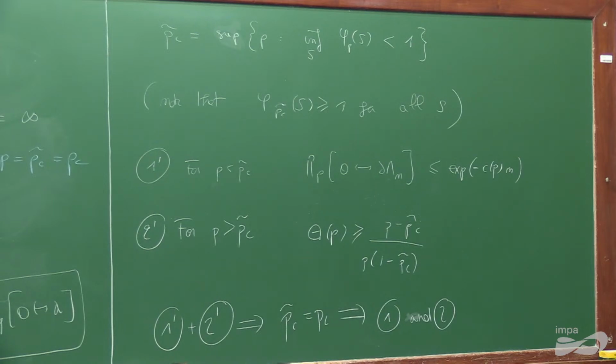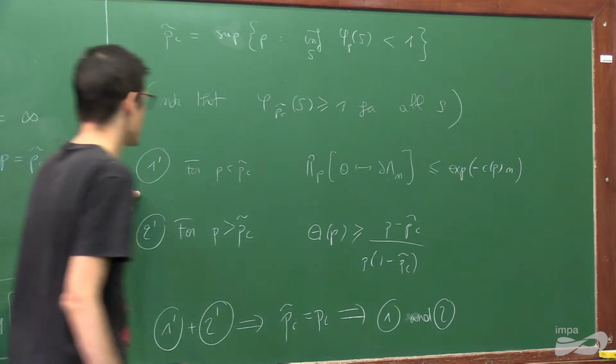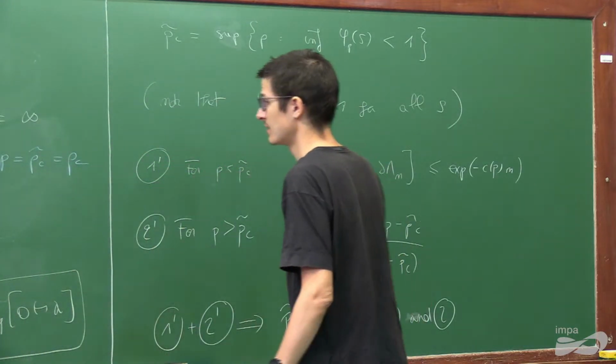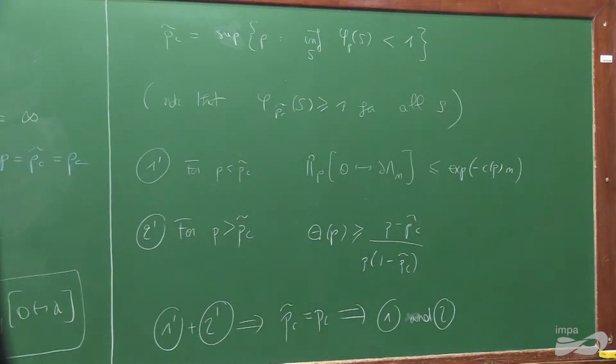Okay, so let's try with the proof. Let's start with the proof of exponential decay. So the first thing we are going to do is use our assumption.